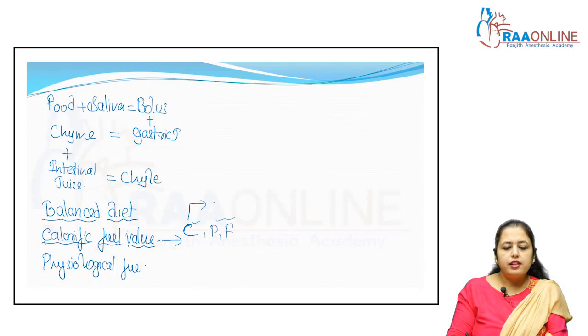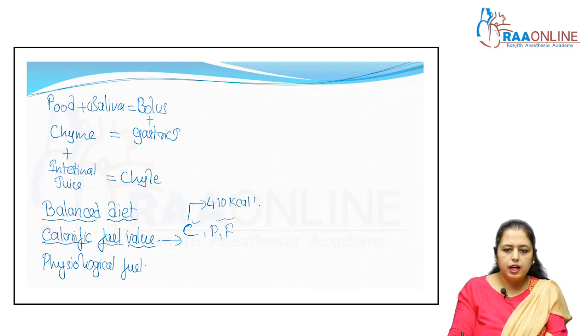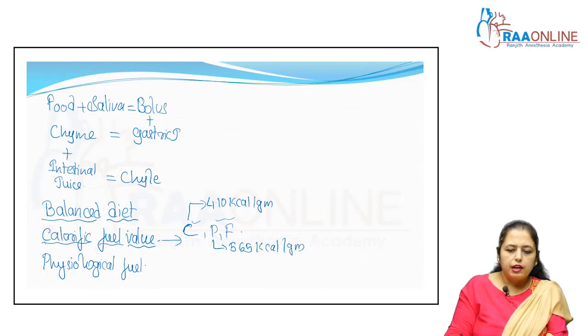For carbohydrate it is 4.10 kilocalorie per gram, for protein 5.65 kilocalorie per gram, and for fat 9.45 kilocalorie per gram, right?